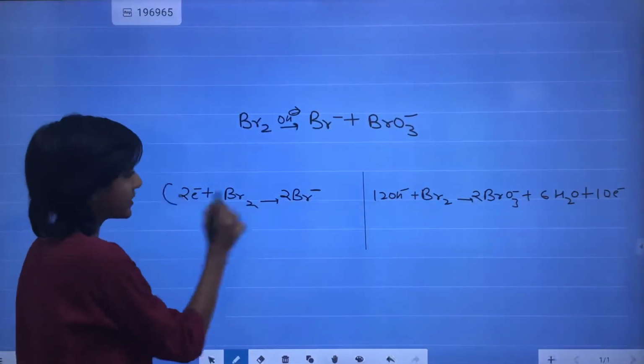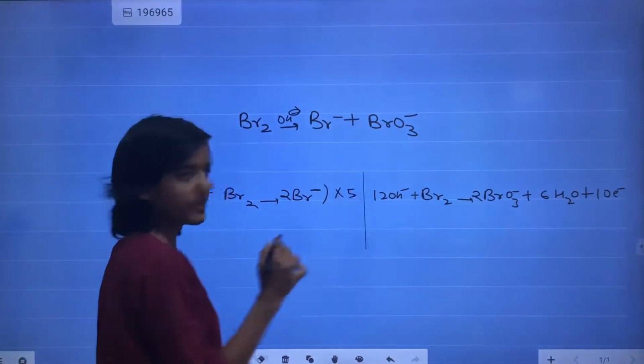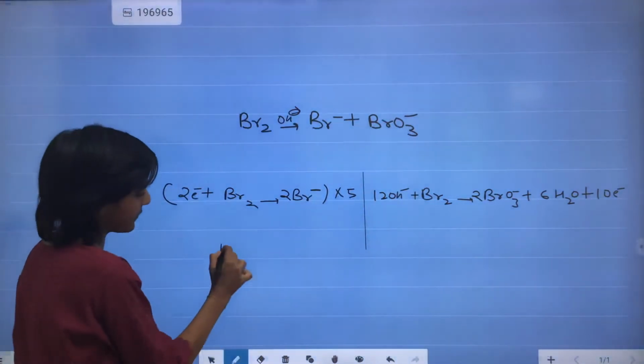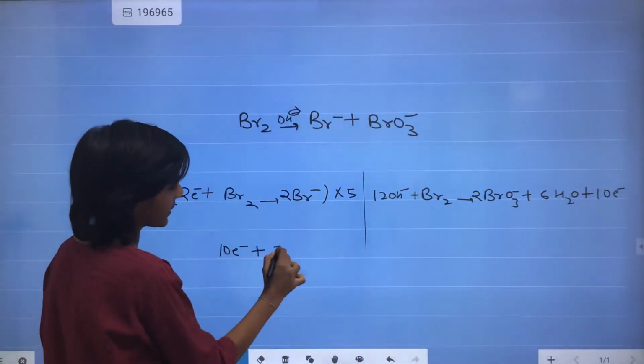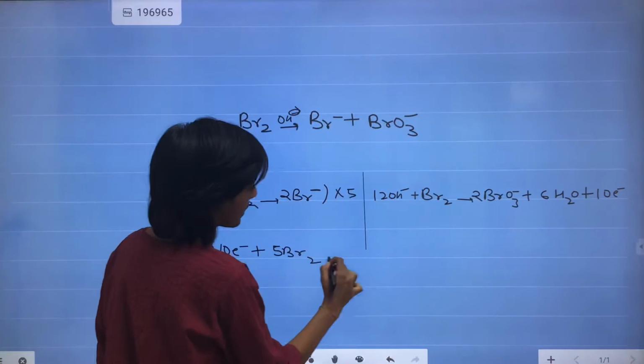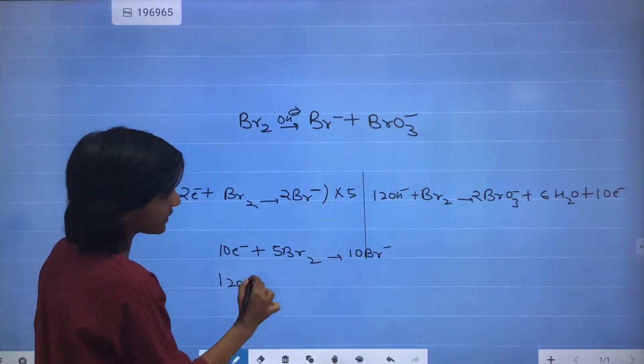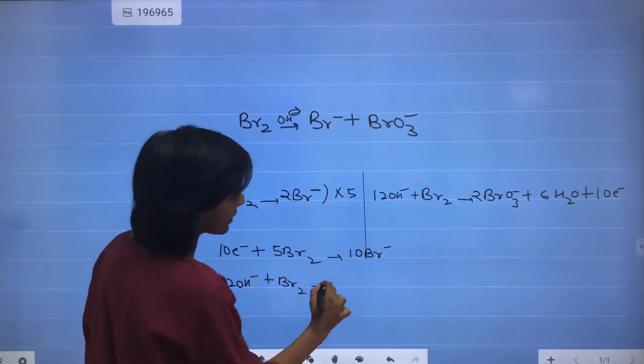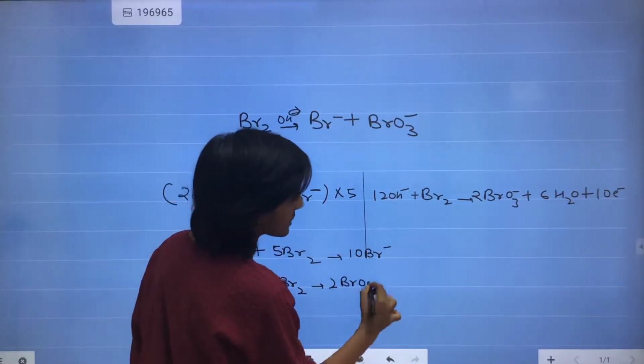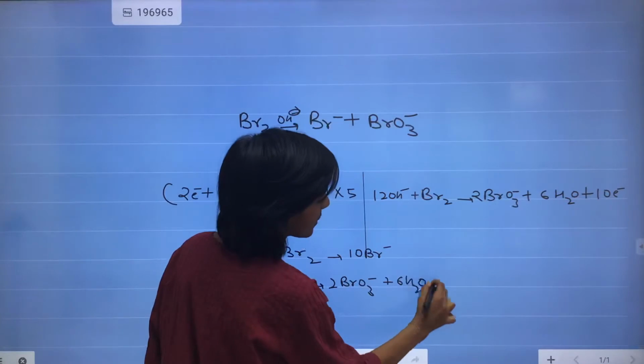Now we will multiply this by 5, so the electrons will be cancelled out. This will be 5 into 2, 10 electrons plus 5 Br2 and 10 Br minus. And this will be as it is 12 OH minus plus Br2, 2 BrO3 minus, 6 H2O and 10 electrons.